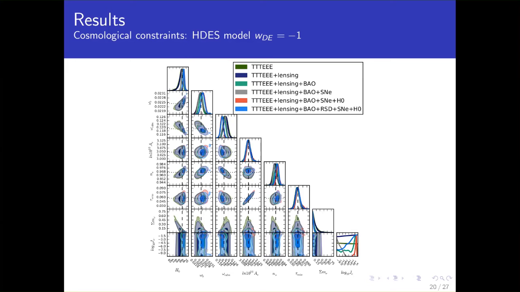Finally, here we have the constraints for the designer Horndeski model we cooked up. And the conclusions are, as for the f of R models, we cannot say too much about the modified gravity parameters, and we can only set upper limits for the neutrino mass.